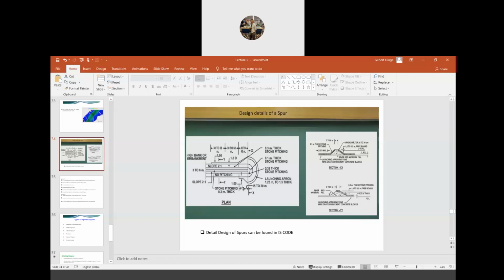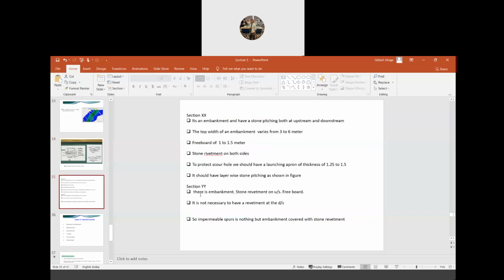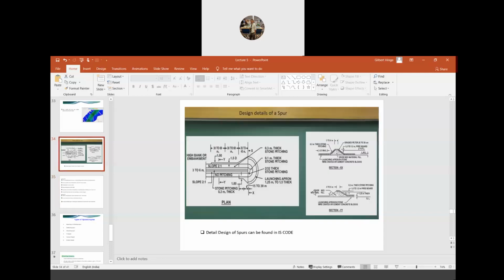And then if you look at the YY section, generally we provide stone pitching only at the downstream end. At the upstream, we do not provide any stone pitching. That is also already written here. Generally, it's not necessary to have the revetment at the downstream. Sorry, at the upstream we provide this revetment in this section, and at the downstream we do not provide any revetment.